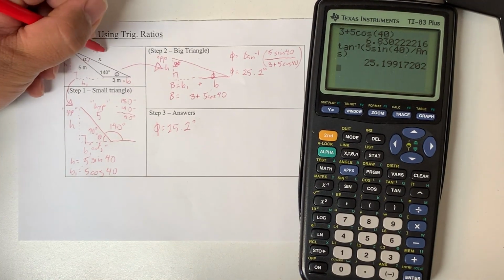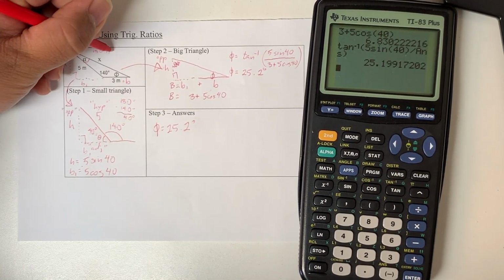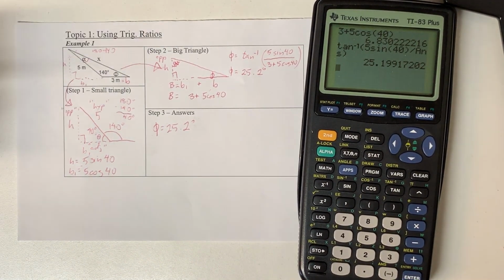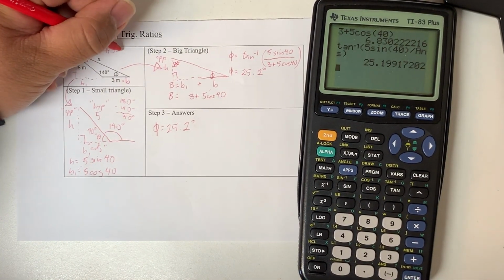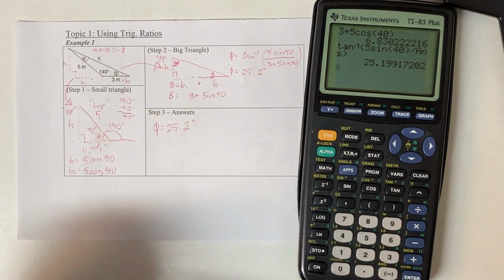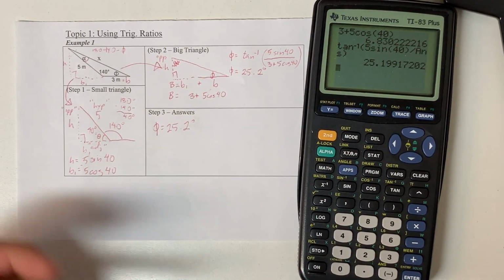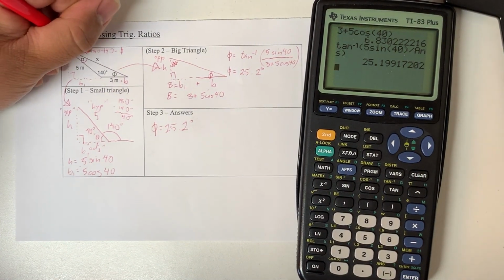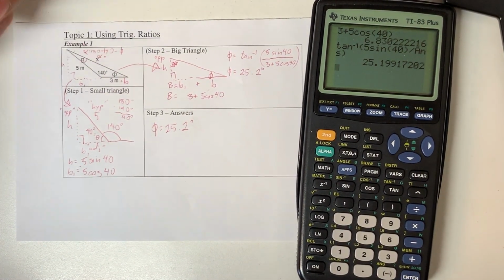And if we know that this is 40, we could subtract 140. Sorry, we know that the bottom angle is 140. We subtract 140. And we subtract phi, which we now know is 25.2, held in my calculator, as you can see. So to find alpha, you just need to subtract those values from 180.